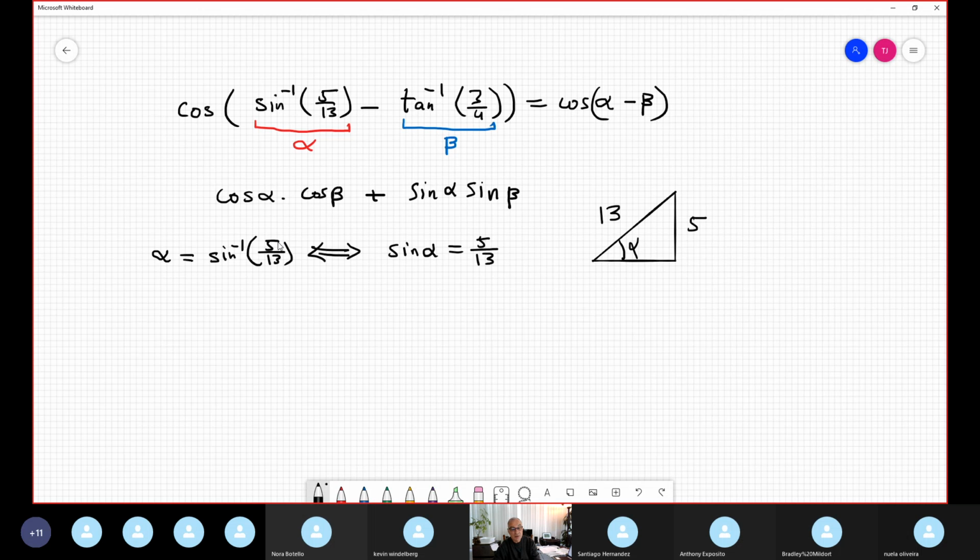Okay, now the other leg is important because I need to find cosine. It is the square root of 13 squared minus 5 squared. 13 squared is 169. 5 squared is 25. And we subtract, 144. And the answer is 12.